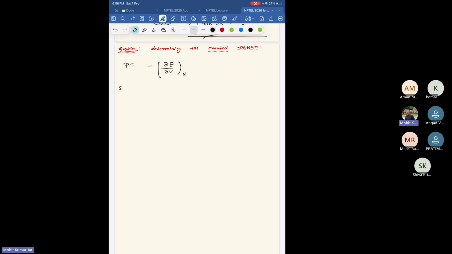And we know that our expectation value of the energy is 3 by 5 times the number of particles times the Fermi energy EF, right?